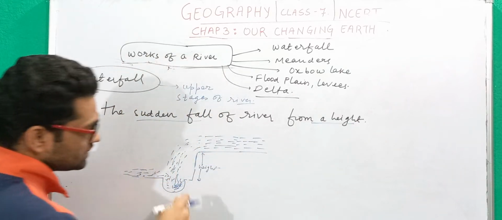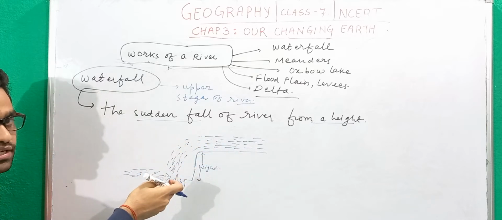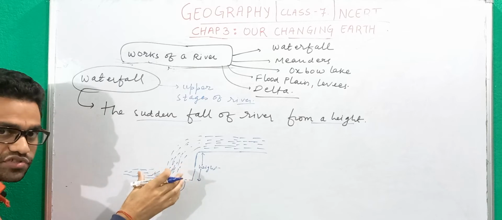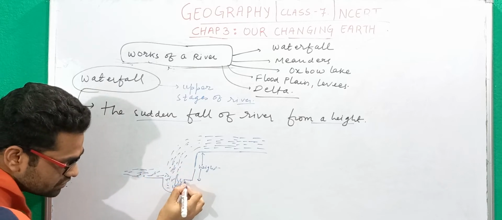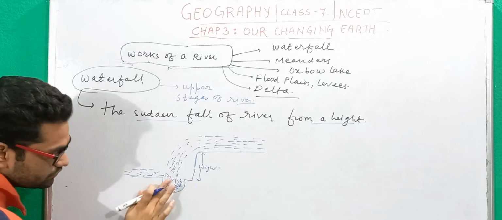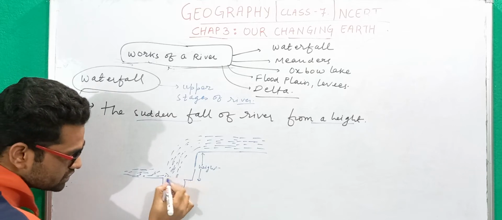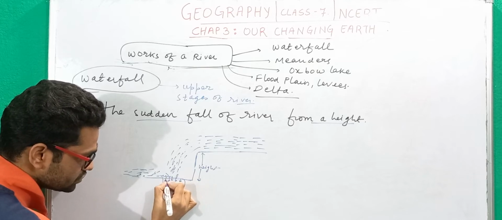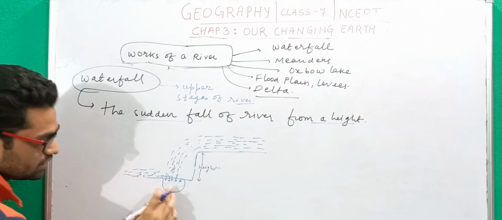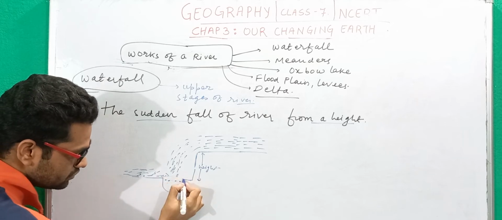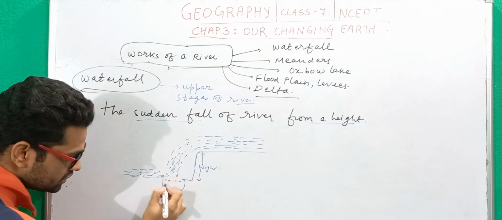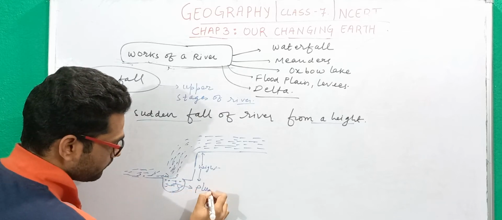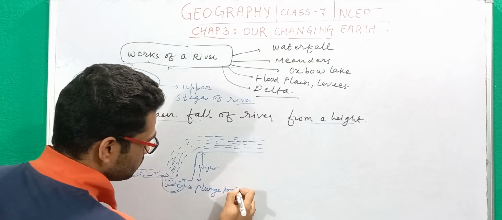And when a river suddenly falls from a height, it has a lot of energy and a lot of force, and because of this force, when it strikes the rock here, over a period of time a deeper type of surface will be formed. This is called the Plunge Pool.